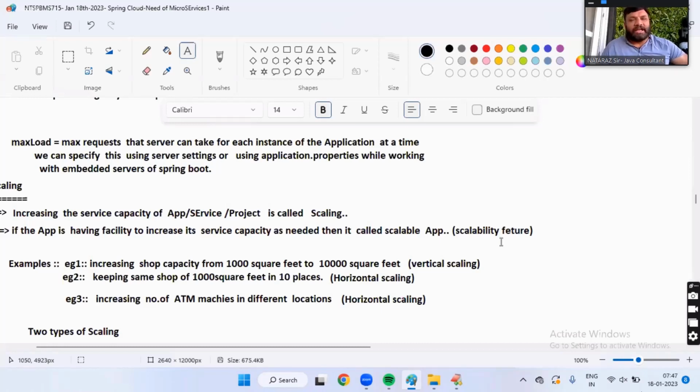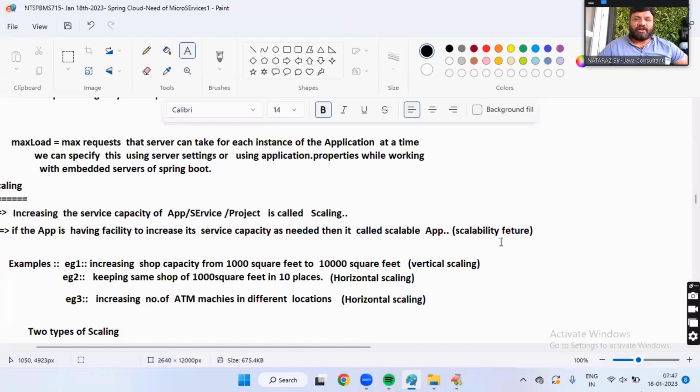You created your product in the Chinese language. Already it is number one in China, and maximum people have purchased that product. Now scaling is not possible.